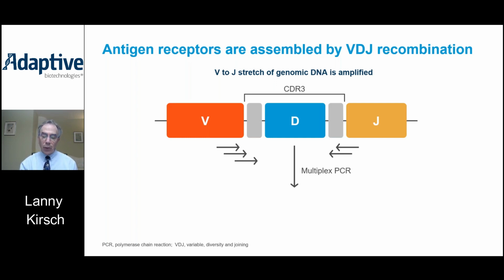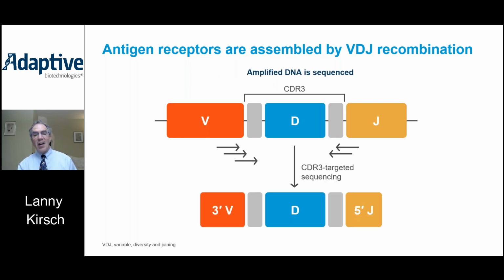The assay contains forward primers that recognize each and every V segment for any one of these loci, shown by the arrows on the left, and reverse primers that recognize each and every J segment for that same locus, shown by the arrows on the right. These primers are not patient-specific.